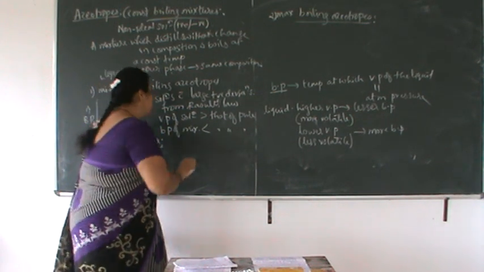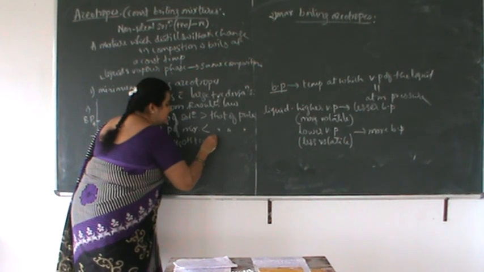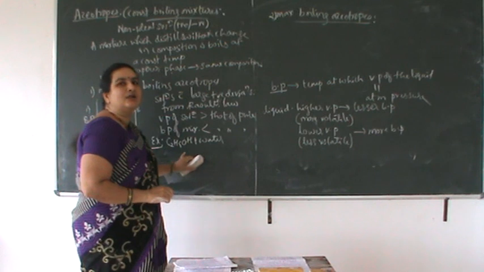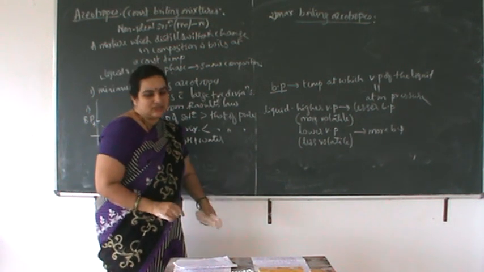One of the examples I will give you is C2H5OH plus water, that is ethanol plus water, taken from the mixture of fermentation of sugars.